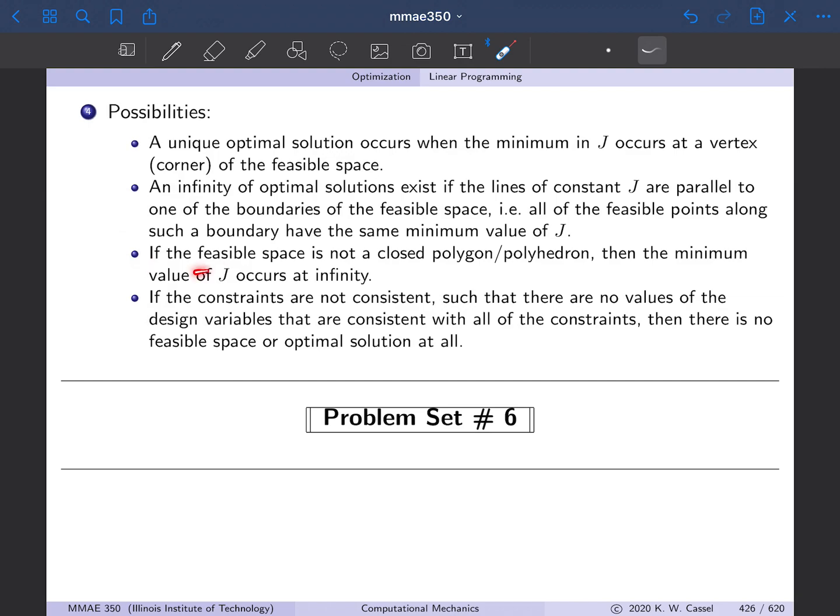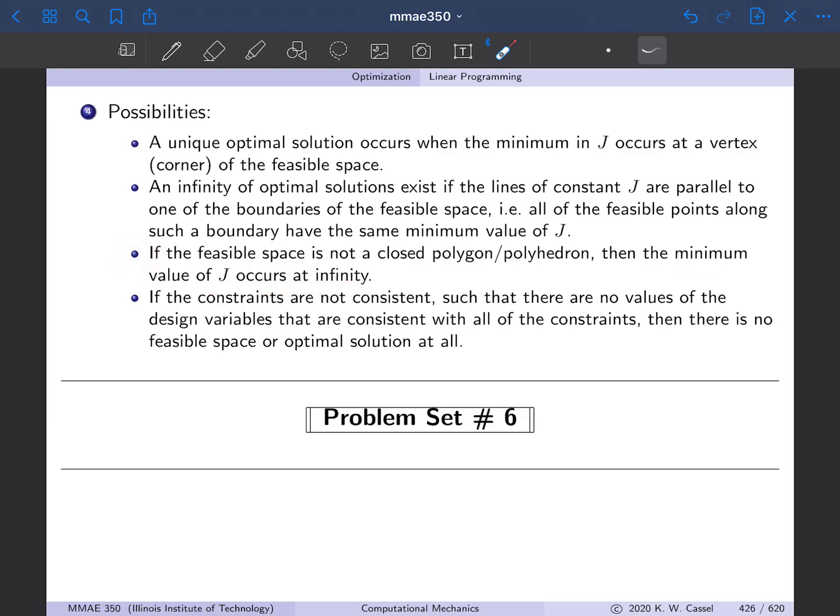The third possibility is if the feasible space is not closed, it's not a closed polygon. So you can easily imagine in this last example that depending on what the inequality constraints are, you could end up with a situation where you don't have a closed polygon in the end. And so in that case, you can think of the J as it spills out of your feasible space, becomes infinite, and therefore J could be at infinity.